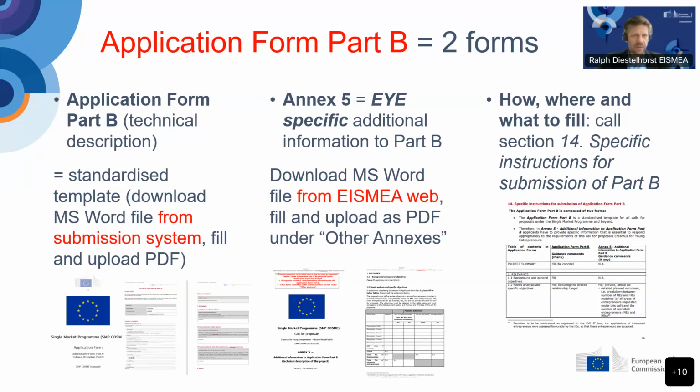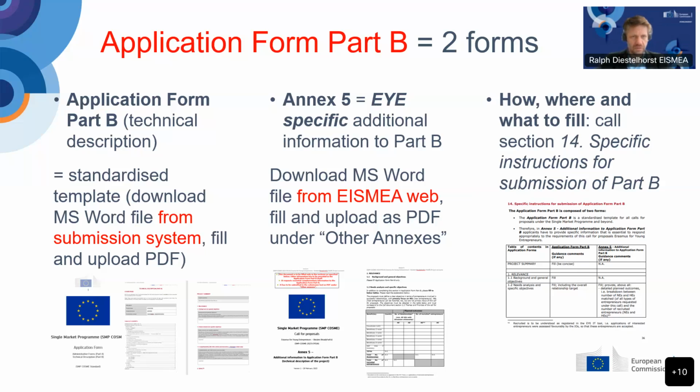And you fill this template as much as you can. And then the remaining information that are Erasmus for Young Entrepreneurs specific, you fill it, please, only in this Annex 5. It's also a Word document that you download from the EISMEA web. Both documents are turned into PDF and uploaded in the submission system.